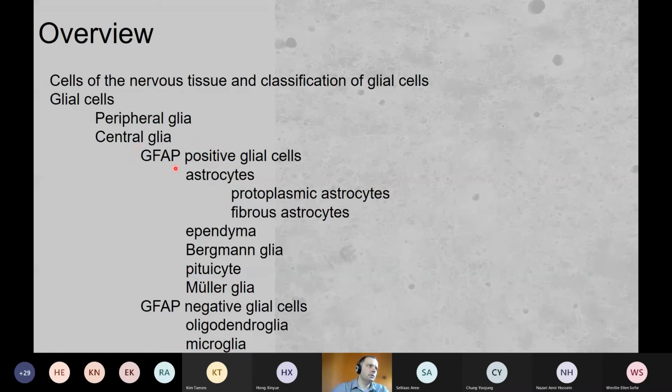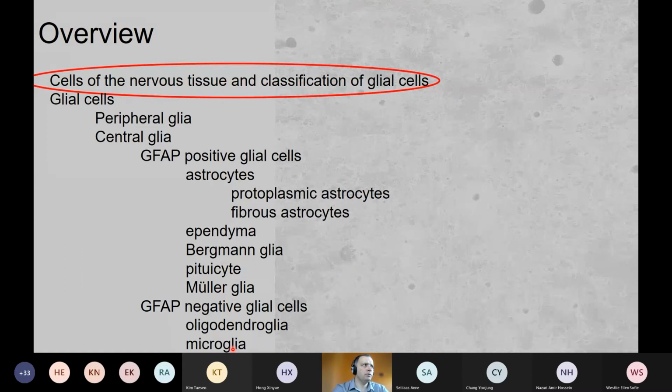One contains the GFAP protein, another group does not have this protein, and within each main group we have several members: astrocytes, including protoplasmic and fibrous ones, ependymal cells, Bergmann glia, pituicytes, and Müller glia. To the GFAP negative group, we include the oligodendroglial cells and the microglia. This is what I would like to talk about today.